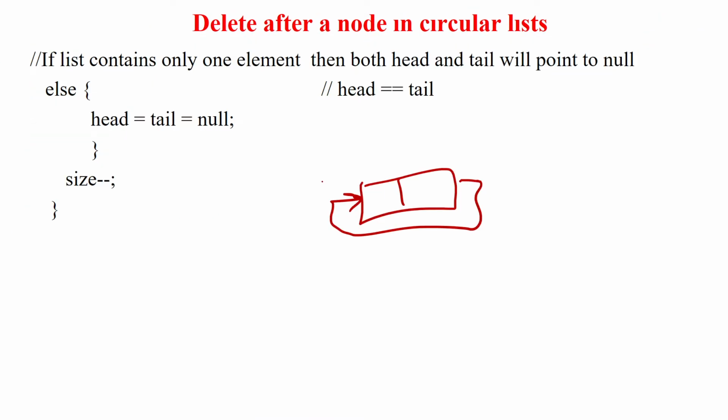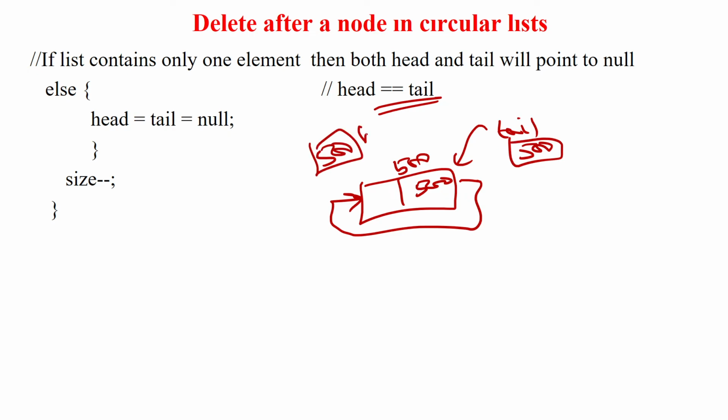Otherwise, if head equals tail, the previous condition is false and this false block executes. Here tail is 500 and head is 500, so both become null after deletion. Once a node is deleted, we decrement the size by 1.